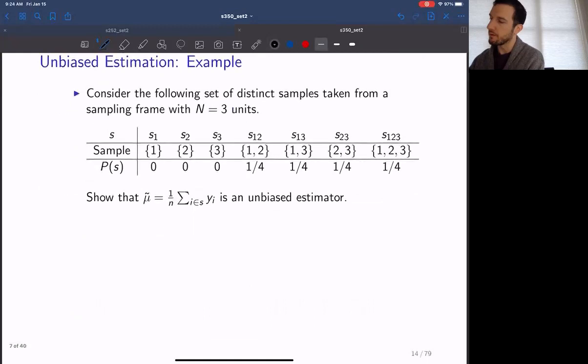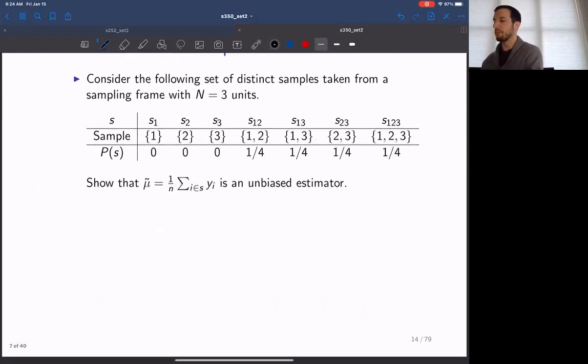All right, so let's look at an example of how this would work. Going back to our previous illustration where we had a sampling frame with 3 units, and all of our possible samples written out with the probability attached to each sample, we want to show that mu tilde is an unbiased estimator.